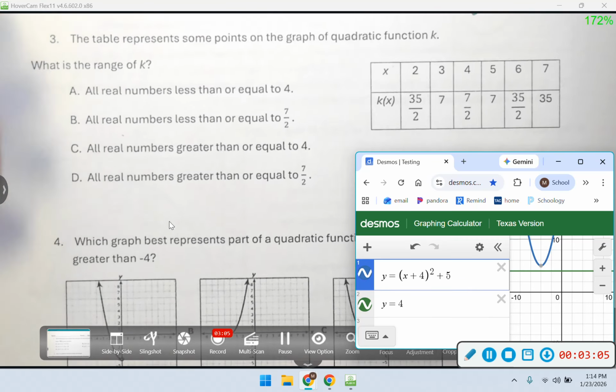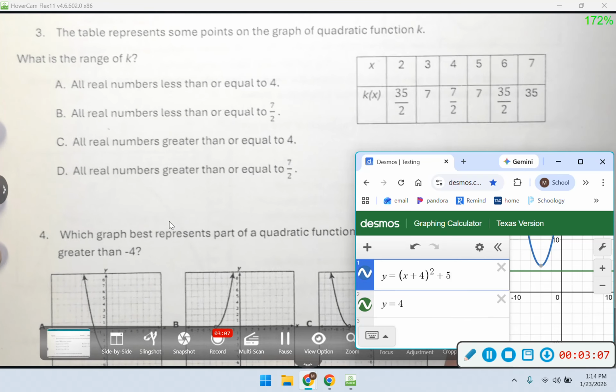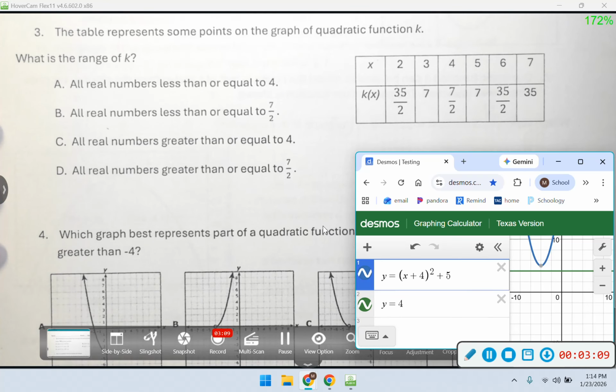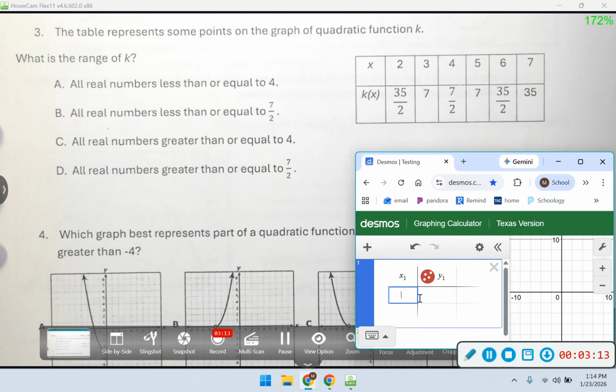Okay, number 3 says the table represents some of the points on the graph of a quadratic function k. I would type this in, plus sign table. I know it has ugly fractions, but the calculator does not care.